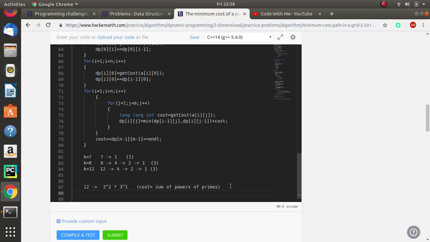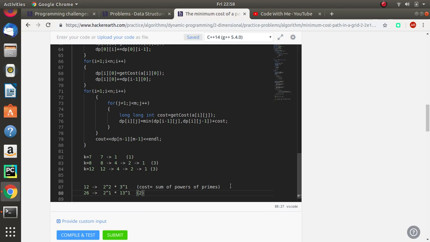Now let's take another example. Let's take something bigger, like 26. 26 can be written as 2 raised to 1 into 13 raised to 1. So the total cost will be 2, because it is 1 plus 1.